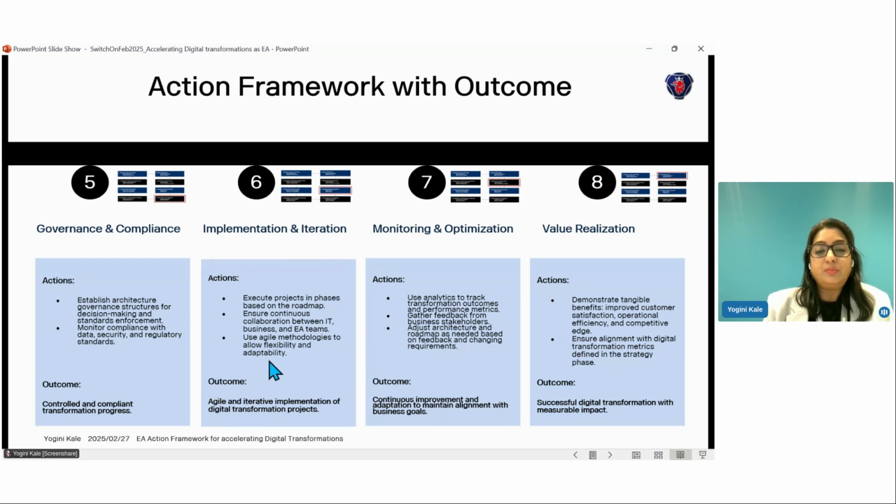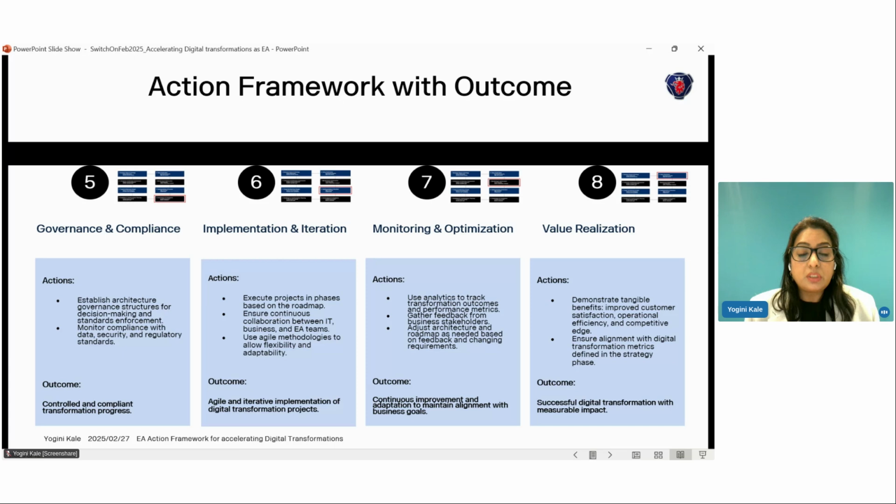And then we reach a stage where we are into the execution phase, and we start implementing and iterating to see how far we have reached.